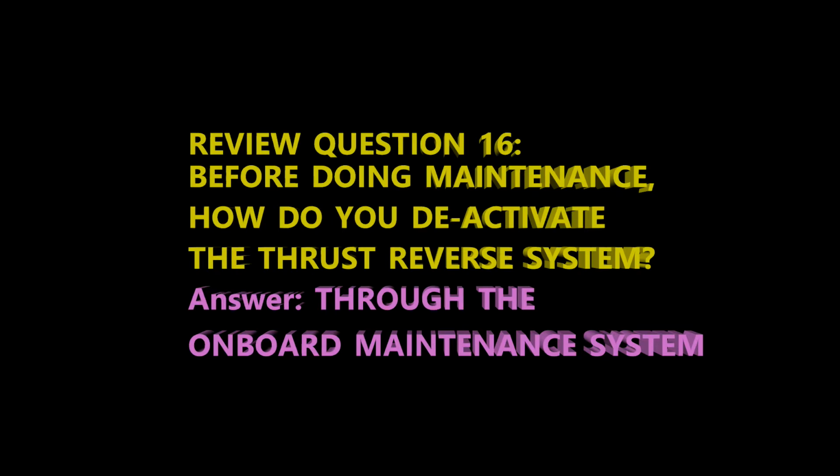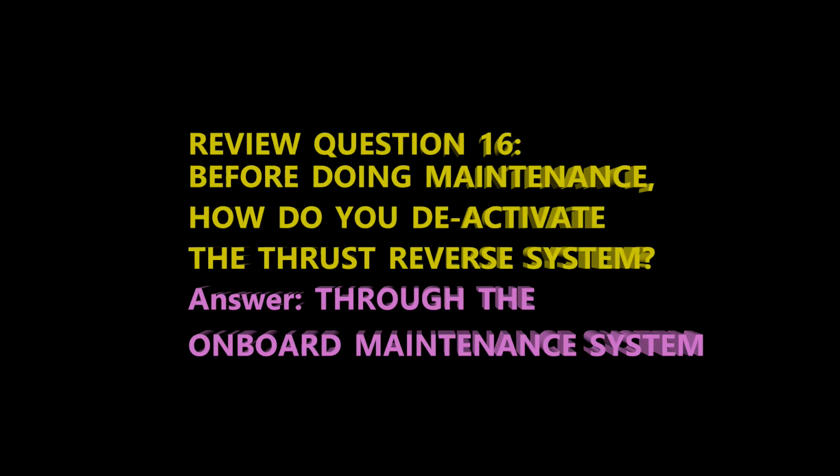But for the purpose of this question, before doing maintenance on the thrust reverse system, how do you deactivate it? Is it option A, through the circuit breaker located behind the captain's seat, or is it through the onboard maintenance system? Okay, option B, right, through the OMS or onboard maintenance system.